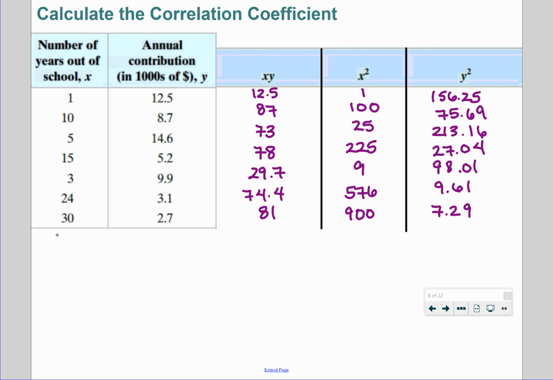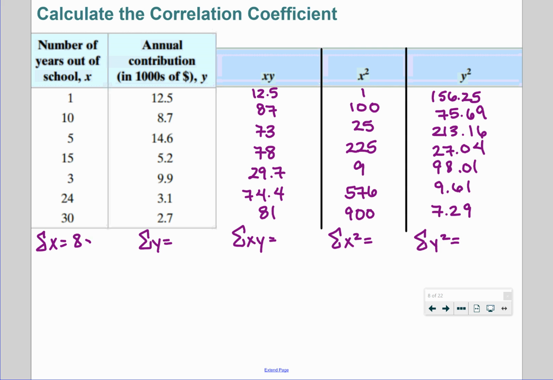Okay, now you're going to sum them all up. Sum of x, sum of y, sum of xy, sum of x squared, sum of y squared. All right, and double check me. Make sure I've got all these columns right here.